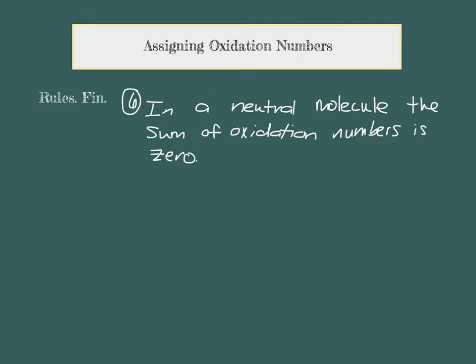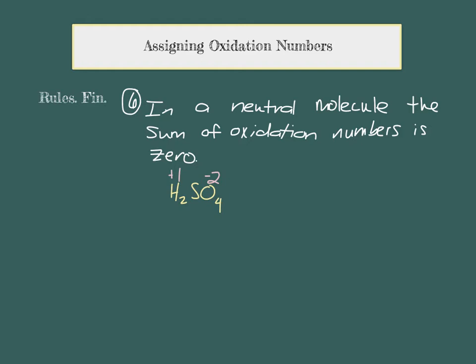Rule number 6. In a neutral molecule, the sum of oxidation numbers is 0. For example, sulfuric acid. Now, I may not know sulfur's oxidation number off the top of my head, but I do know hydrogen and oxygen. Oxygen is -2 in all cases except peroxides, and hydrogen is always +1 unless it's with a metal.